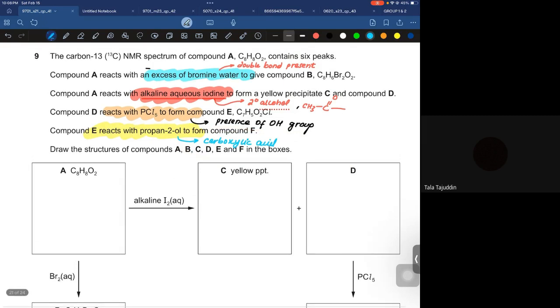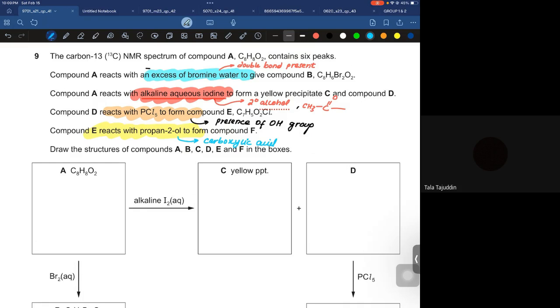It has 2 oxygen atoms. In total, it has 8 carbon atoms, and also 8 hydrogen atoms. So we have to complete this.